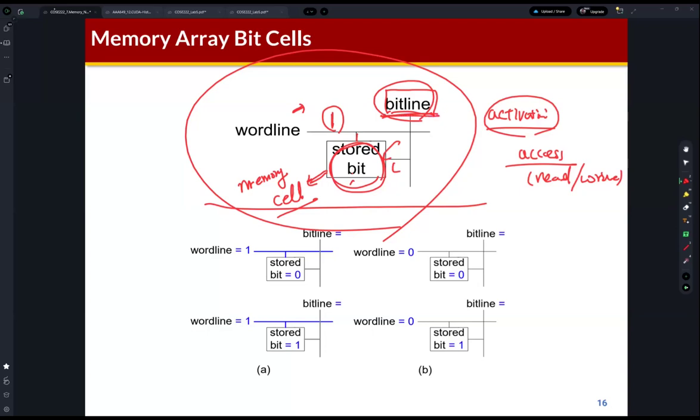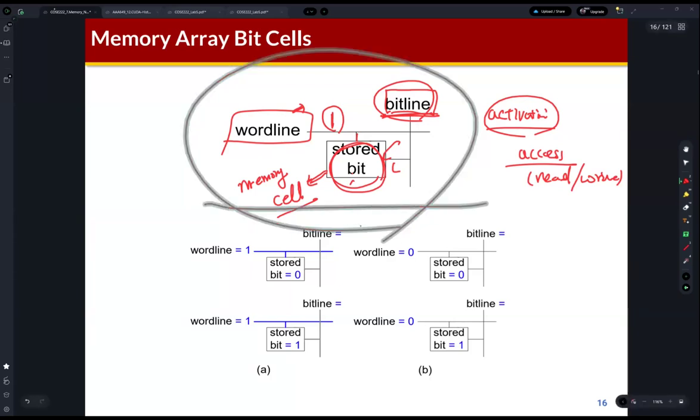So the bit line is the wire that can read or write a bit of data to the memory cell. And the word line is the control line, so we can activate or deactivate the target memory cell.